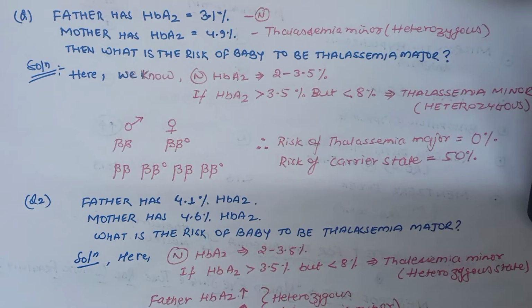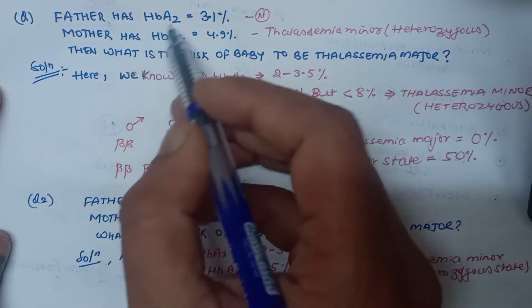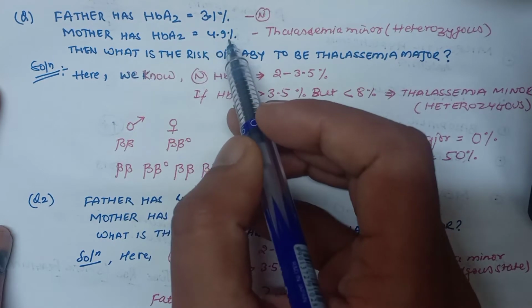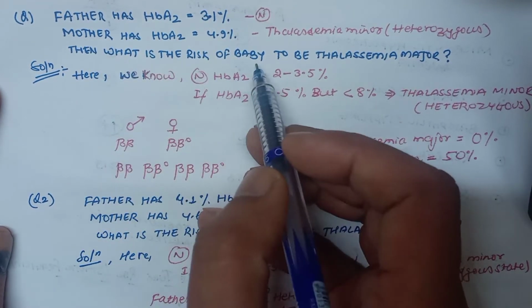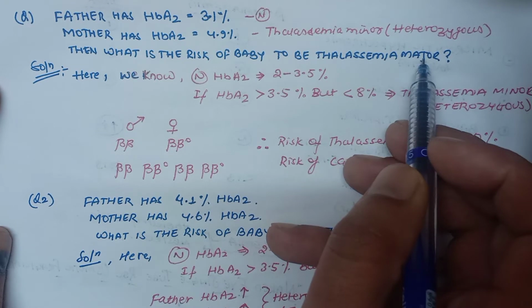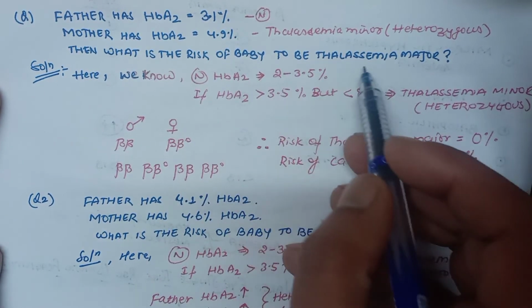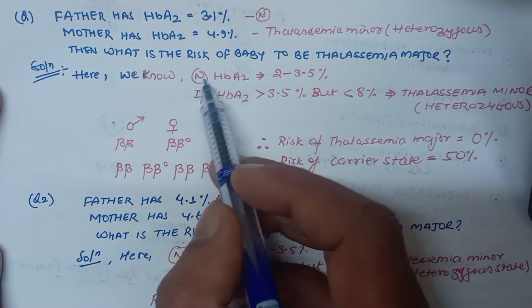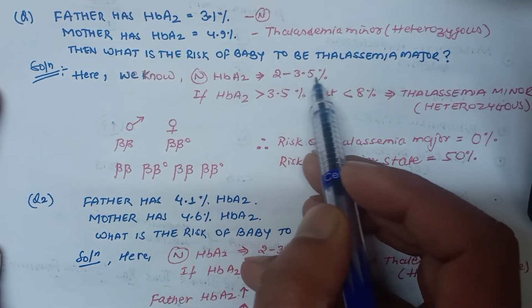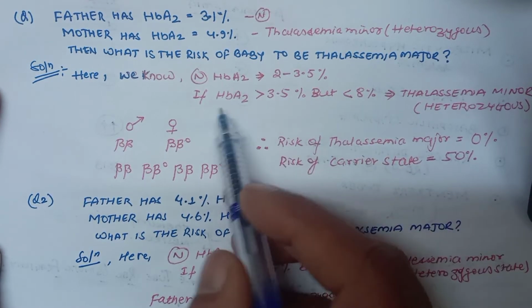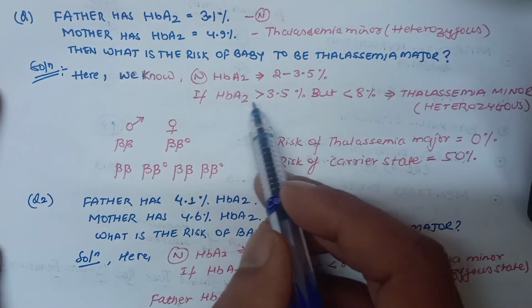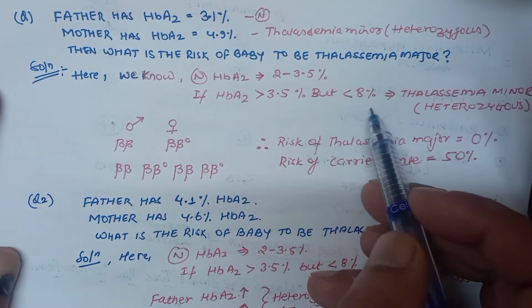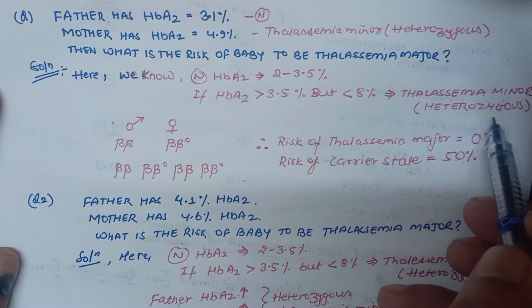If a question is given where the father has HbA2 3.1% and the mother has HbA2 4.9%, what is the risk of the baby being thalassemia major? We know that normal HbA2 is 2 to 3.5%, and if HbA2 is more than 3.5% but less than 8%, then it is thalassemia minor, heterozygous type.